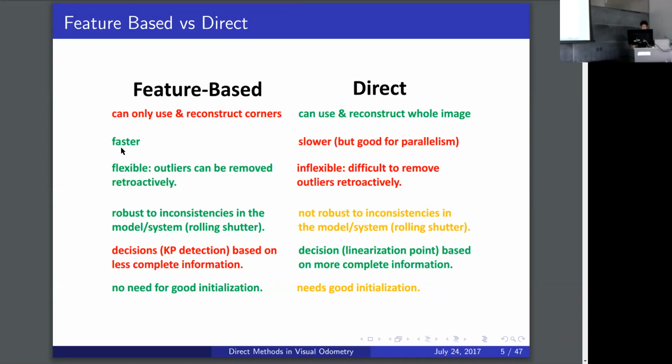Feature-based is faster in terms of the optimization stage, because it generally has a sparser set compared to direct, where you could have a lot more points, whereas feature-based relies heavily on seeing the corners of the scene.